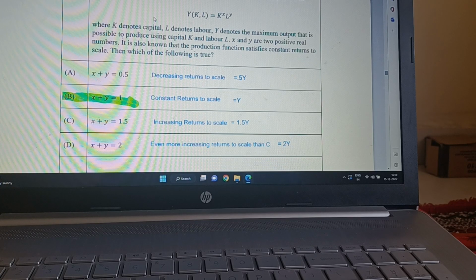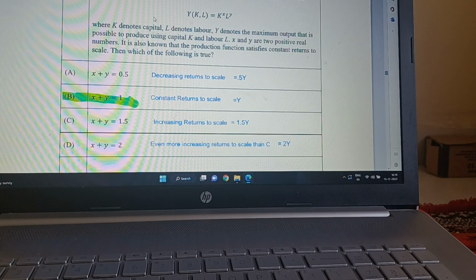So this is the correct answer, and I am explaining parts C and D as well so that you learn more. C is x plus y is equal to 1.5. So 1.5 is greater than 1. This shows increasing returns to scale, and hence when k and l are doubled, then output will increase by 1.5 times, means total output will become 2.5 times.